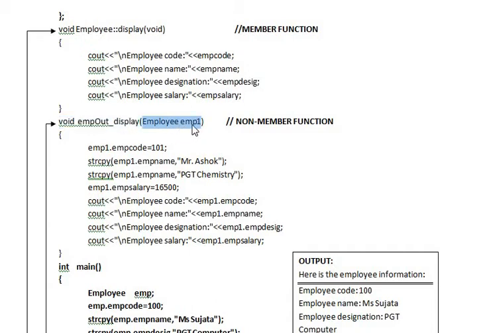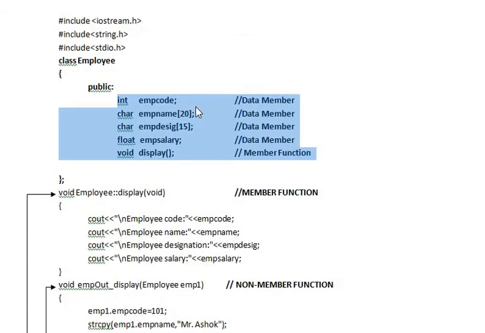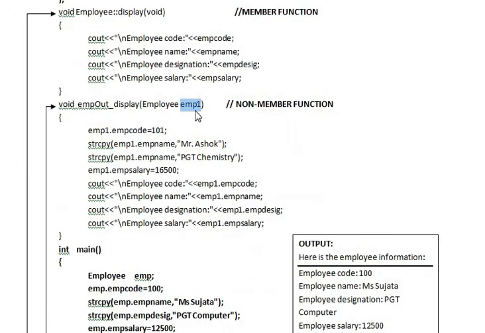But before that, the object emp1 has to be created from the class employee. Once the object emp1 gets created, the data members and the member functions from the class employee shall be bound to the object emp1 to form an encapsulation around this object.